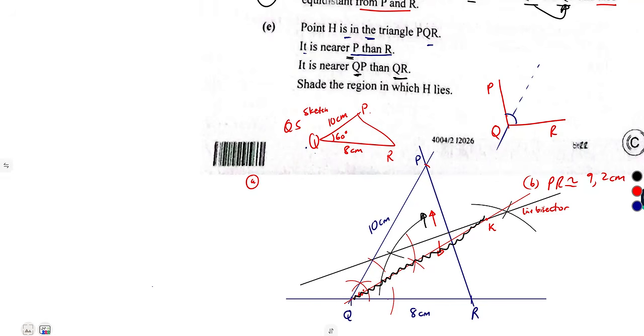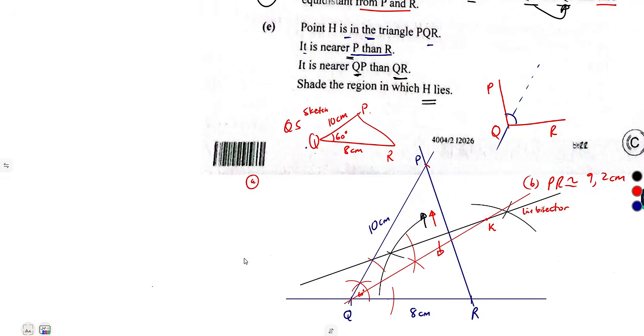What is closer to QP is supposed to be this whole region. This is closer to QP compared to this one from QR, from the angle bisector. So shade the region where H lies.